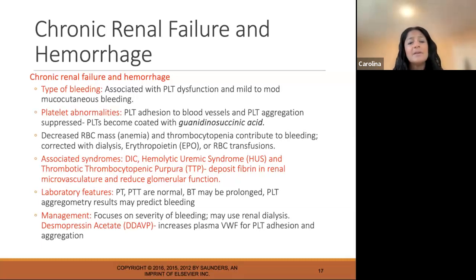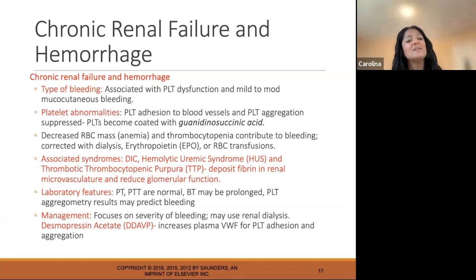The platelet abnormalities that you would see here are issues with platelet adhesion to the blood vessels, and platelet aggregation is suppressed. So platelets tend to become coated with what's called guanidinosuccinic acid. Okay, and so that is basically stopping the platelets from being a part of the aggregation process, because they're coated with this acid.